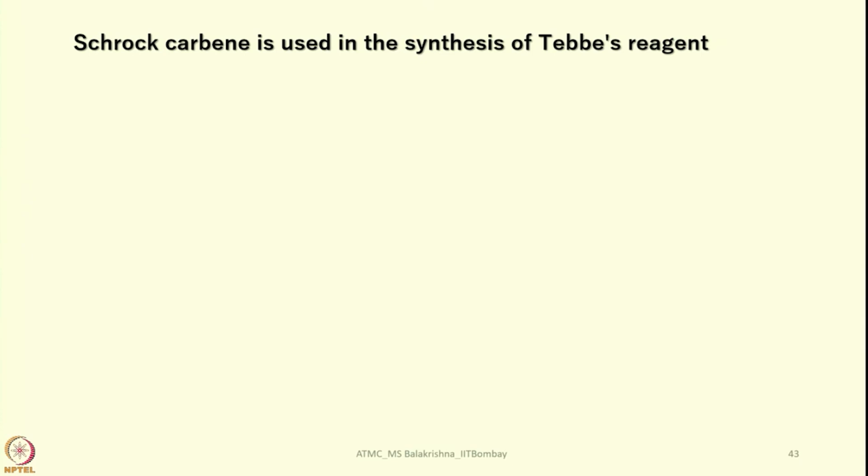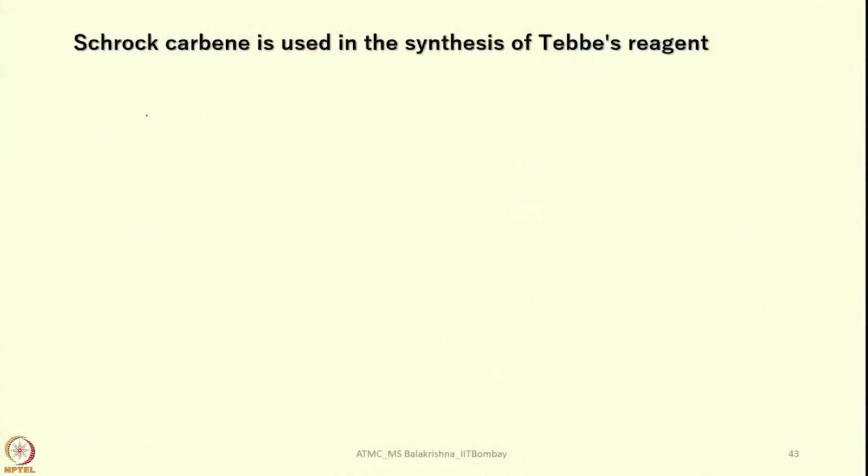What is the Tebbe reagent and how is it formed? Let me write that to make you familiar with the Tebbe reagent and also the Tebbe reaction. We are considering here Cp2TiCl2.